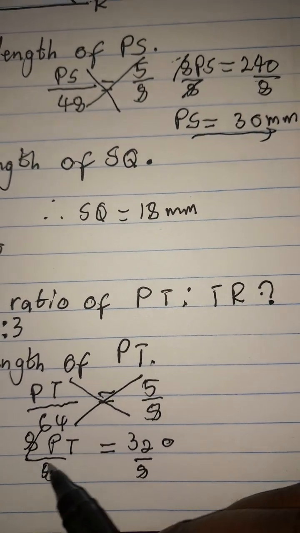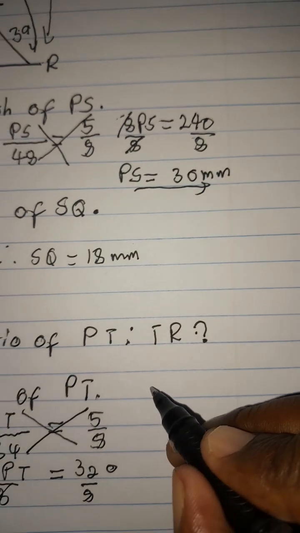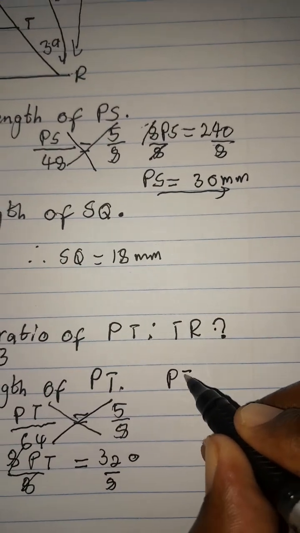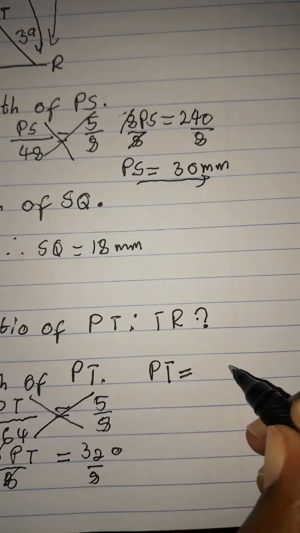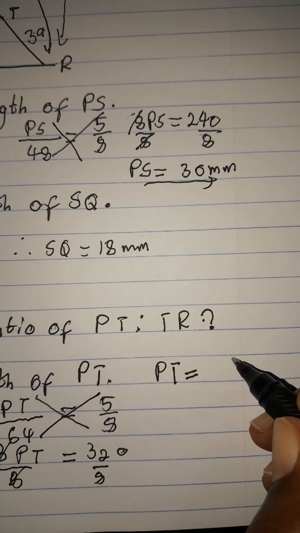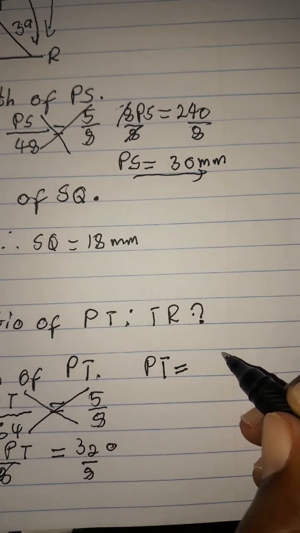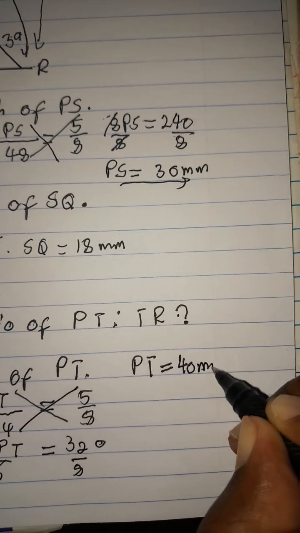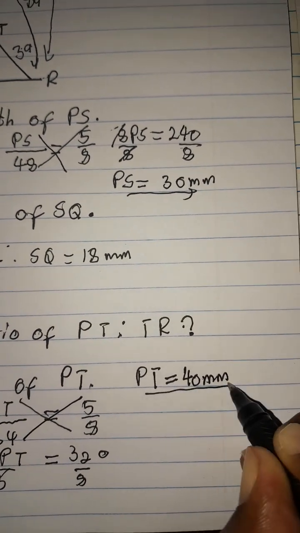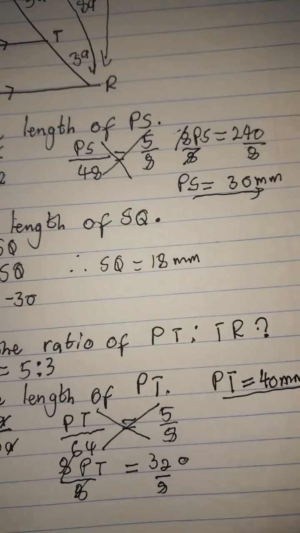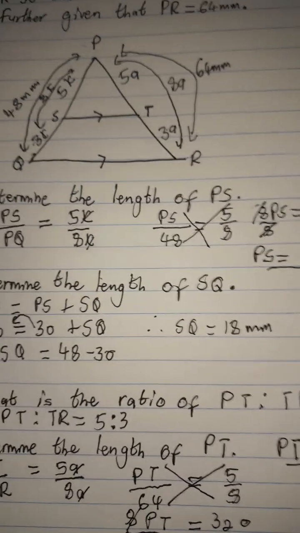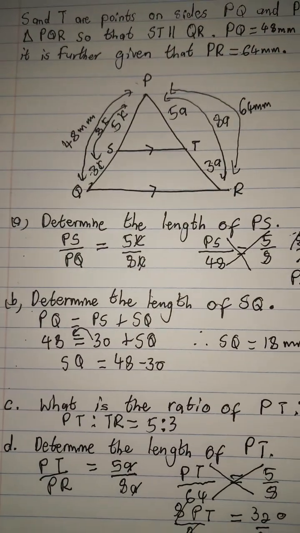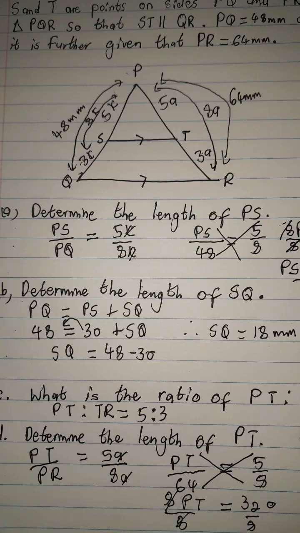So what is PT? PT will be 320 divided by 8. How many times does it go? It goes 40 times. So you are going to have 40 millimeter as the solution in this case, right? So we are not done. As I've said, we are going to look at 5 questions. So let's see the last question then.